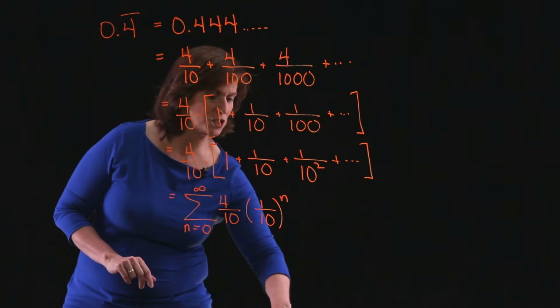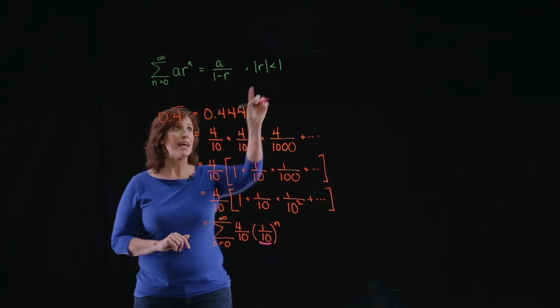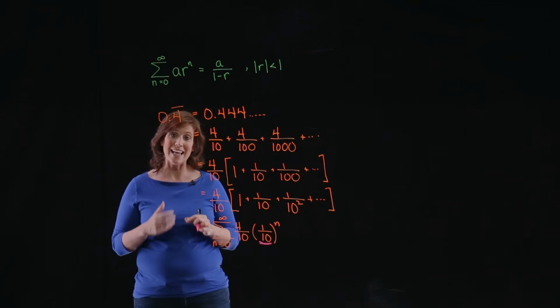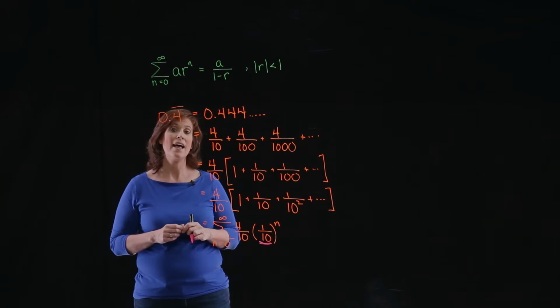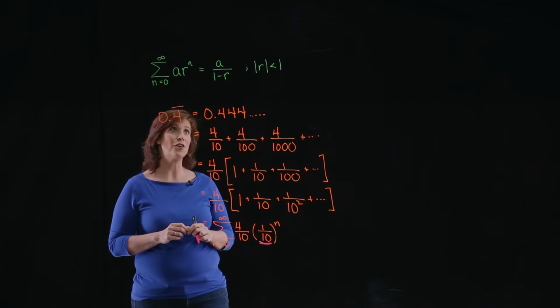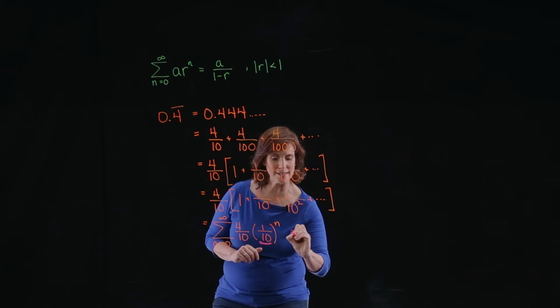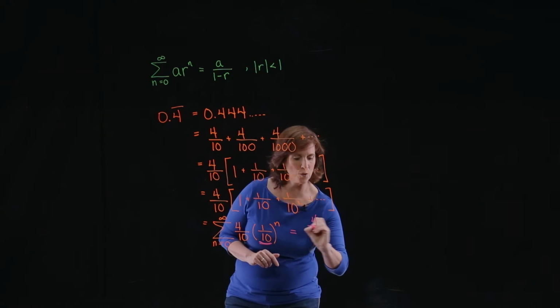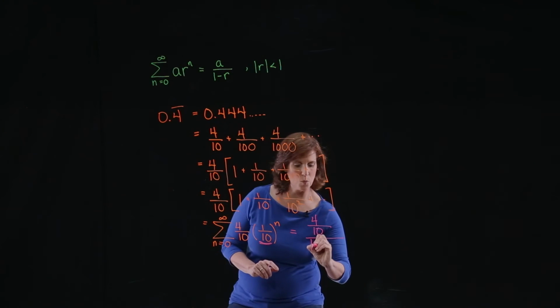Notice that that common ratio is 1/10. And I know if the absolute value of my common ratio is less than 1, that it converges, and it converges to a divided by 1 minus r. So in this case, the a is 4/10, and the r is 1/10.